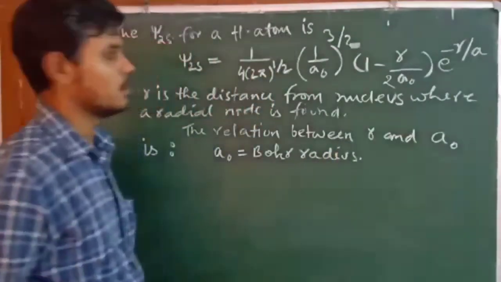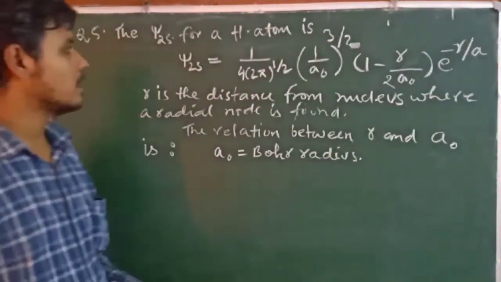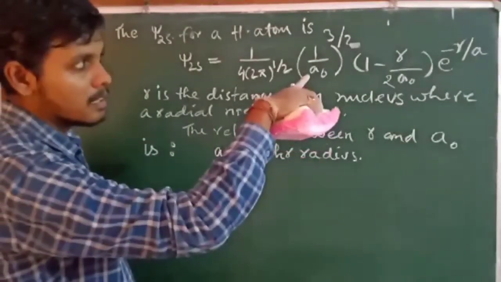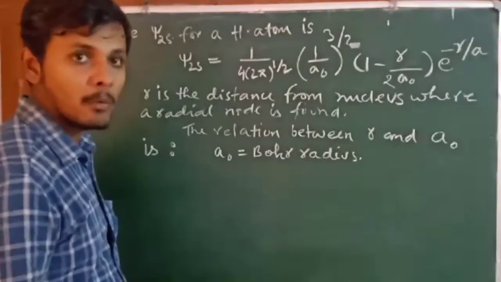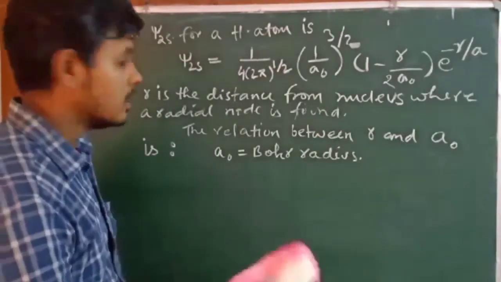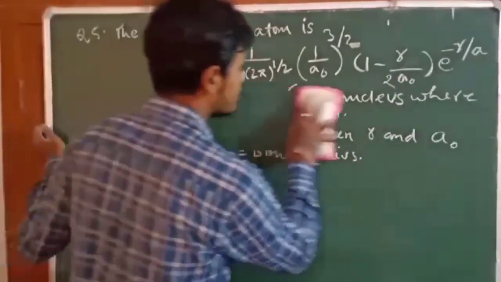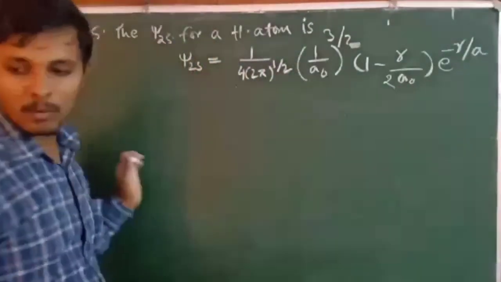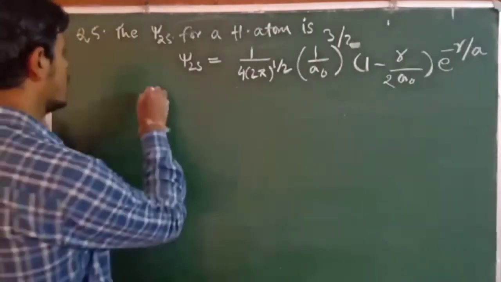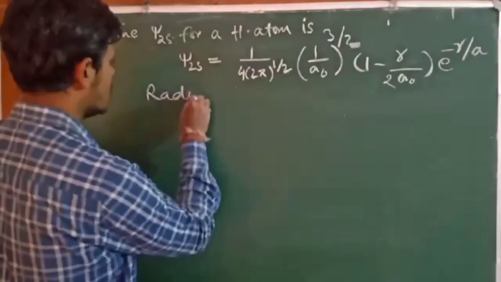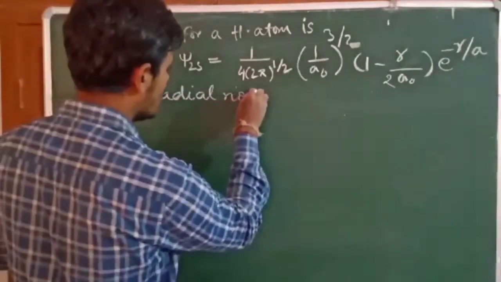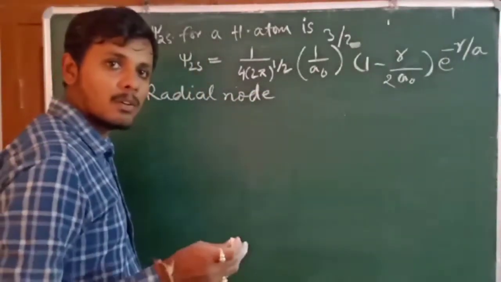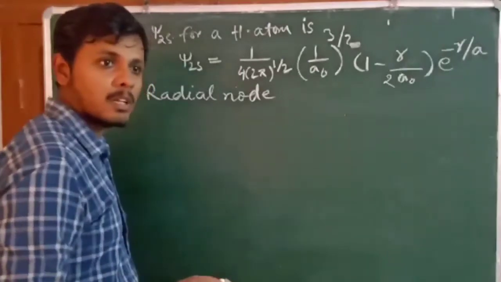So how to find this out? We need to find the relation between r and a naught, where r is the distance from the nucleus where we get a radial node. When we have a radial node, the probability of finding an electron in that region of space is 0.